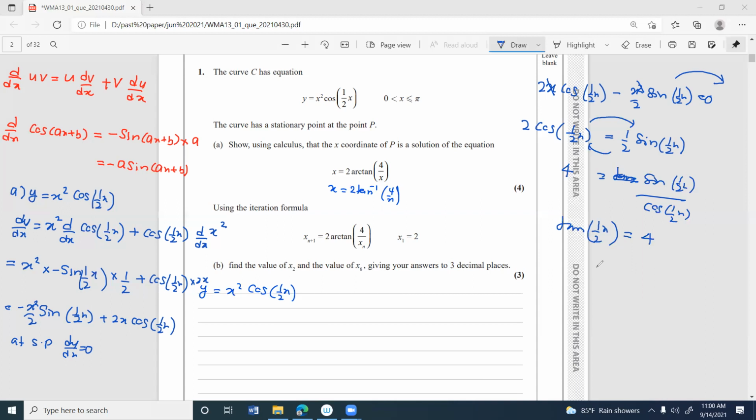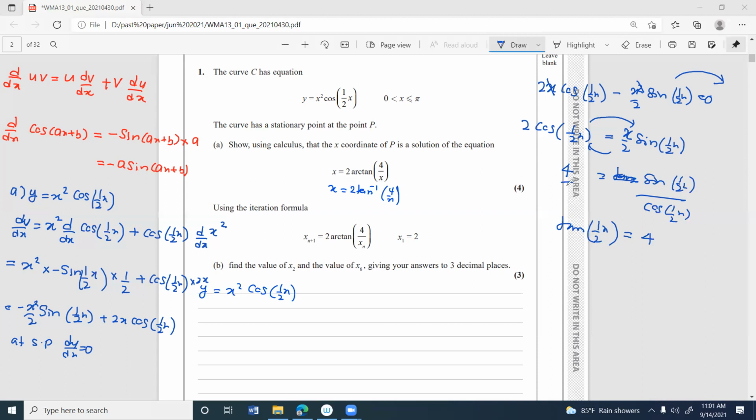Then you can see there's one more thing. I think I have just mixed up here. There's one x here, x is here.